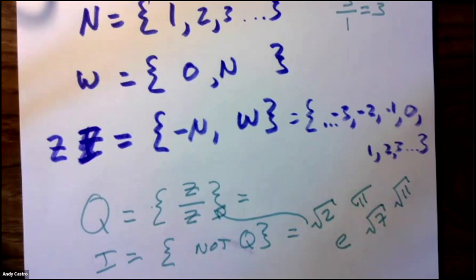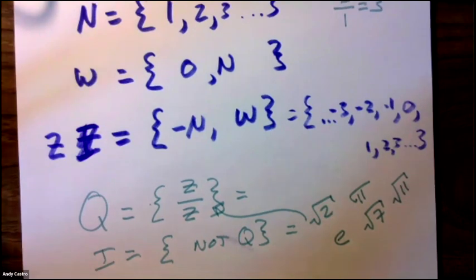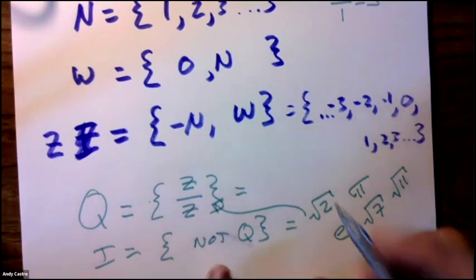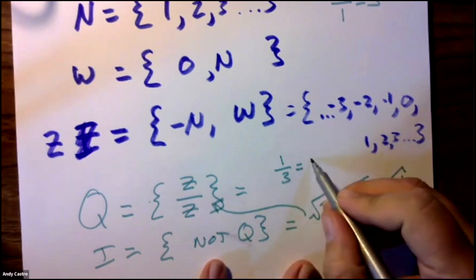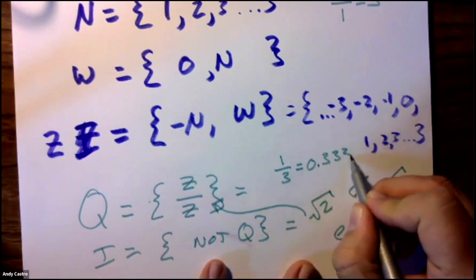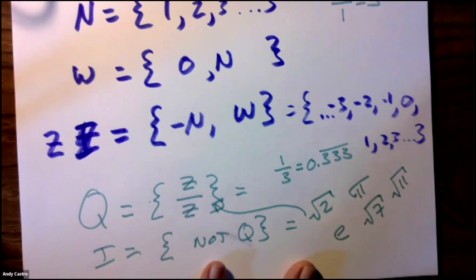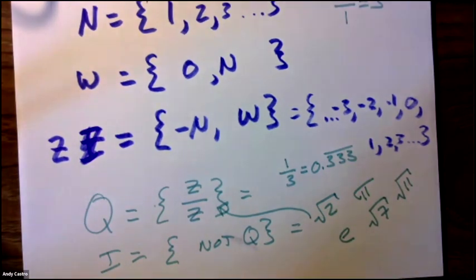Sometimes an irrational number is wrongly identified as a never-ending decimal, and that doesn't work because the rational number 1/3 is a never-ending decimal. It's 3 repeating forever and ever. So just because a decimal repeats itself forever does not necessarily make it irrational. An irrational number is simply defined as a number that cannot be represented by the ratio of two integers.